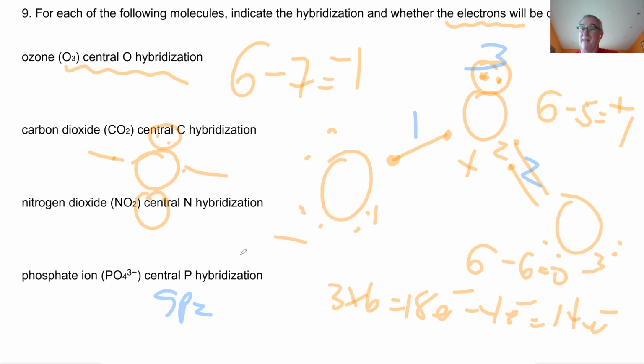So it would look bent because the overall geometry of it is trigonal planar, but it would appear bent because we don't include the lone pair when we talk about the shape. So it would actually look just like this. It would look bent. So that answers that question. We know the hybridization is sp2.